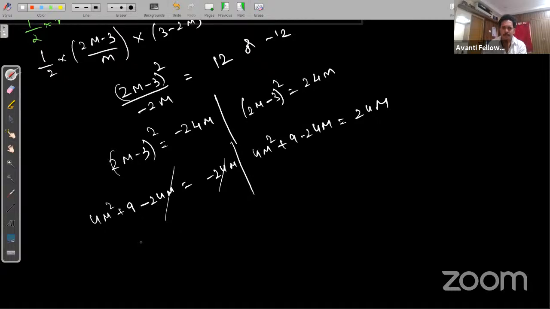Any mistake we have done? Why are we getting m square is equal to minus 9 by 4?